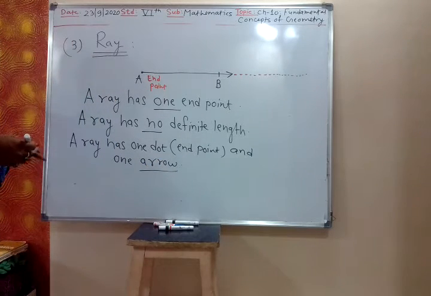Whenever there are two dots, it is a line segment. Whenever there are two arrows, it is a line.